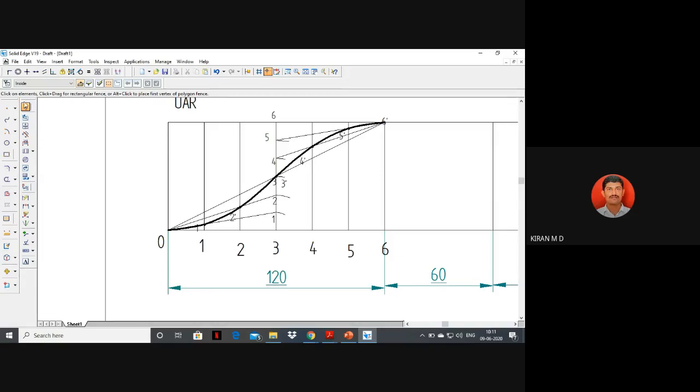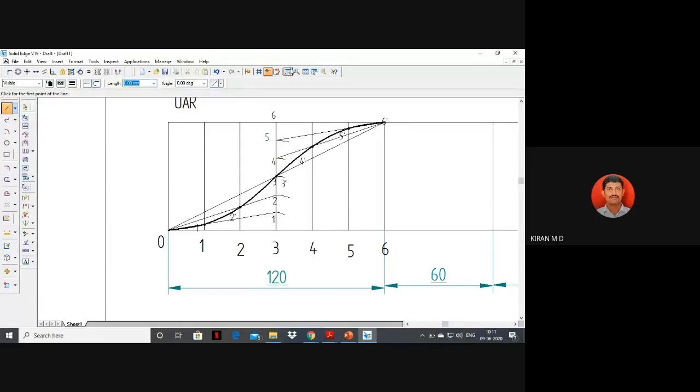Okay? You got this? Yes, sir. So now this is the curve for uniform acceleration and retardation. Similarly, the return also takes place in the same condition, right?